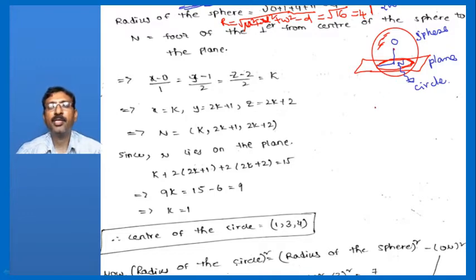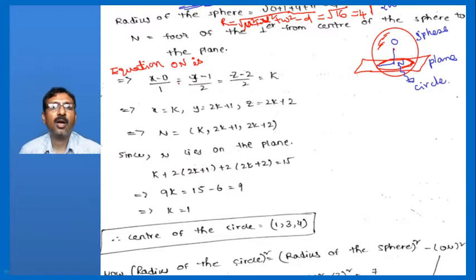Therefore, I write the equation of the line ON. Now I am going to write the equation of ON. ON is perpendicular to the plane or the circle.